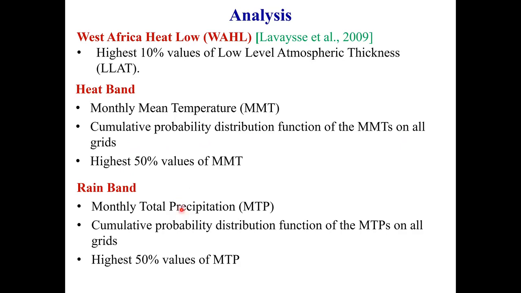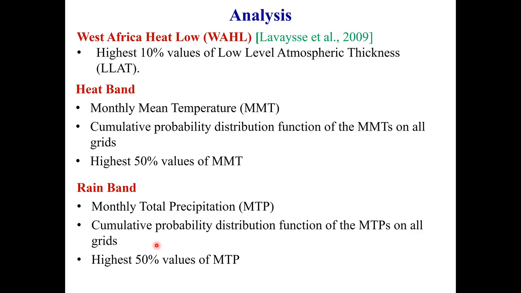Similarly, I did the same thing with the rain band by calculating the monthly total precipitation, MTP, and then finding the cumulative probability distribution function of the MTP on all grids, and then also getting the 50% values of the MTPs. So the rain band and the heat band are the highest 50% values, or 50% sort of anomaly, of the rainfall or the mean temperature.